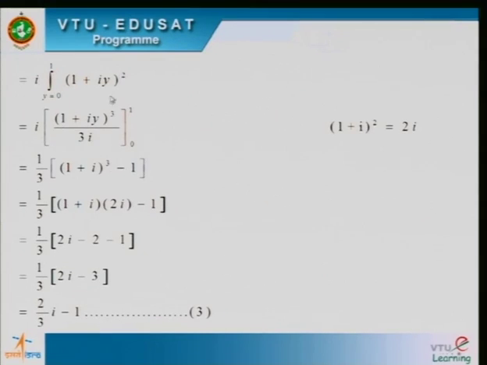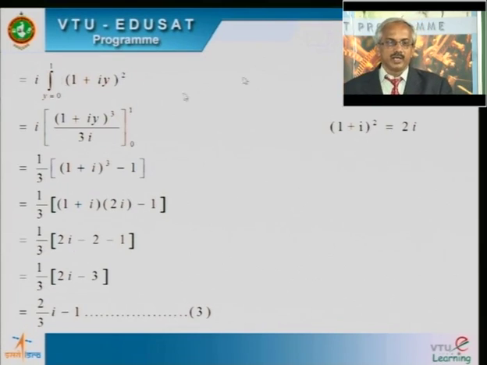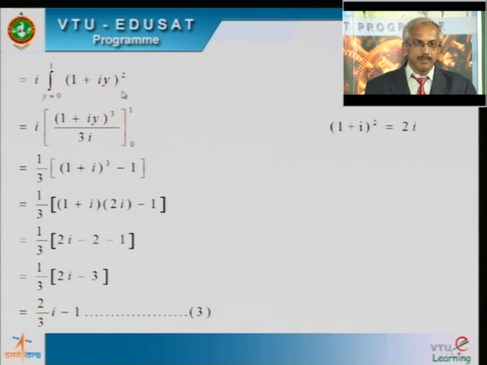After integrating and applying the limits, finally I get 2 by 3 i minus 1. In this simplification I use the property that (1 plus i) squared is equal to 2i.